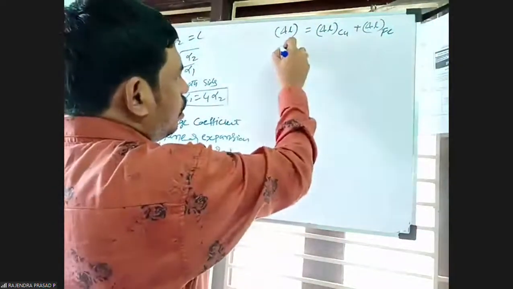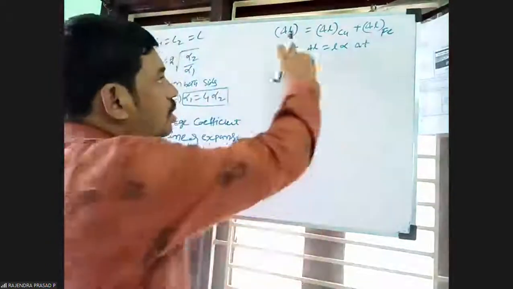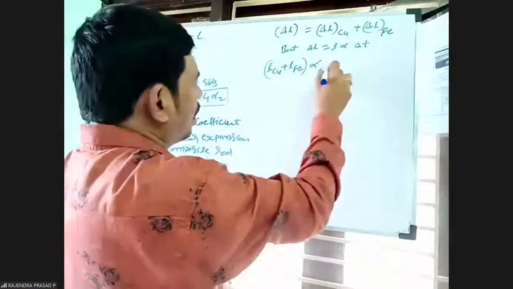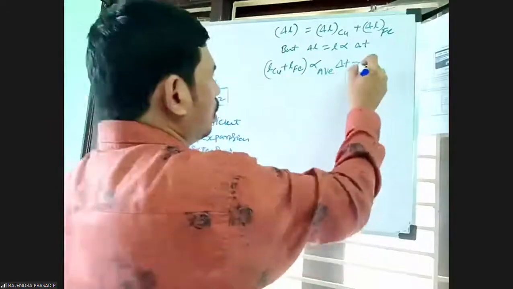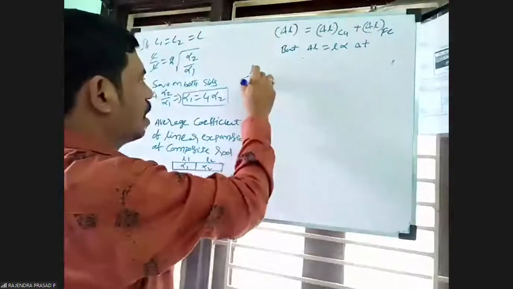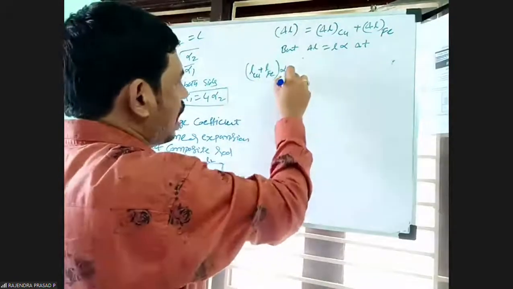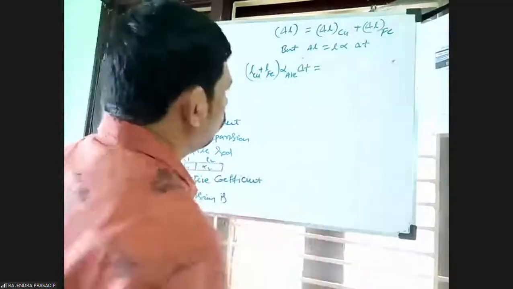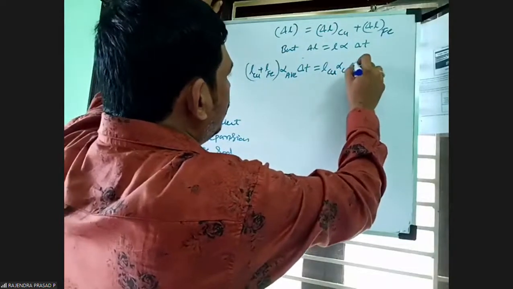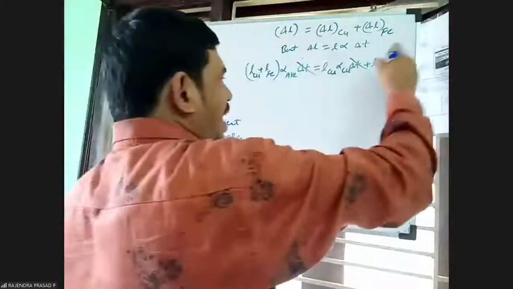But delta L equal to L alpha delta T. So the total length, L copper plus L iron, into alpha average into delta T equals L copper alpha copper delta T plus L iron alpha iron delta T. Delta T is common and cancels.